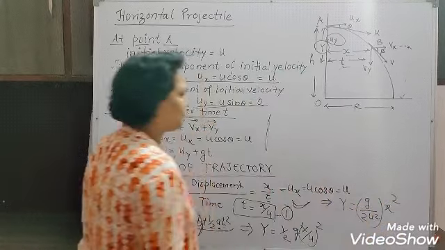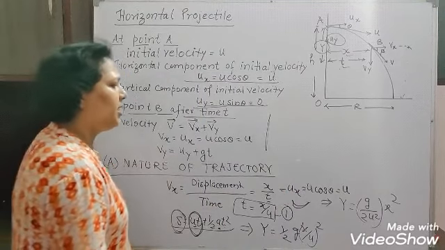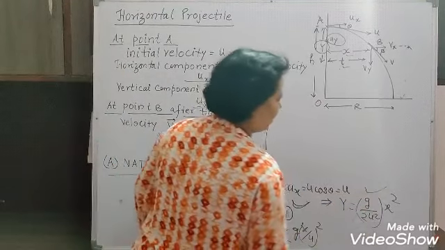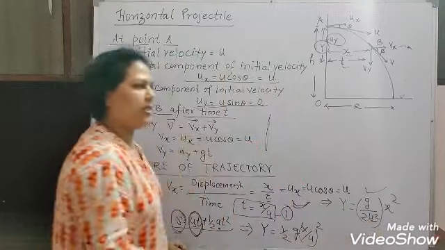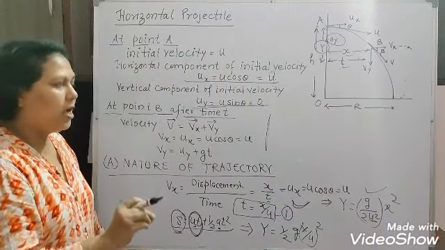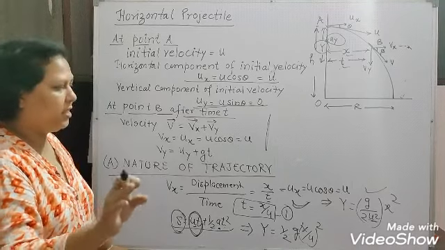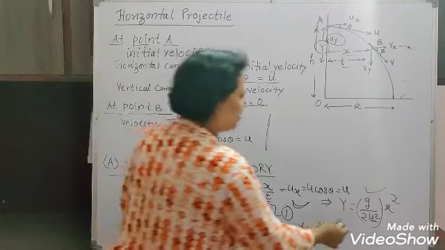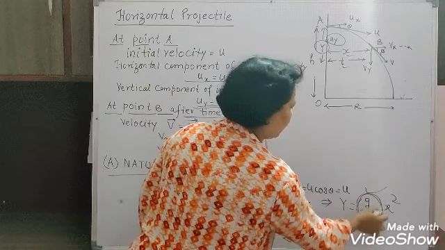Now you will find here that g is a constant quantity. By what initial velocity we throw the object, that initial velocity is constant, that means we cannot change it during the journey. So this whole quantity is constant.